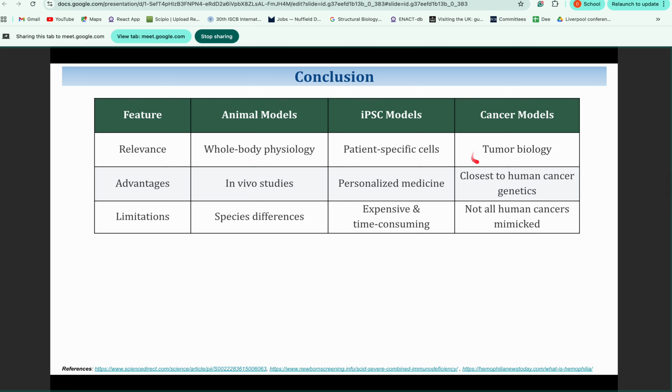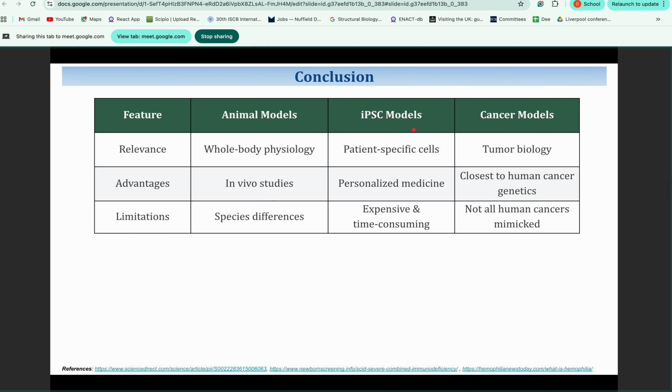In cancer models, the relevance is when we want to study tumor biology. Now, the advantage of animal models is that they provide us in vivo studies. So we are studying it in live organisms. We have heterogeneity of cells and multiple other advantages. We can study metastasis, and all those studies can be done in animal models.